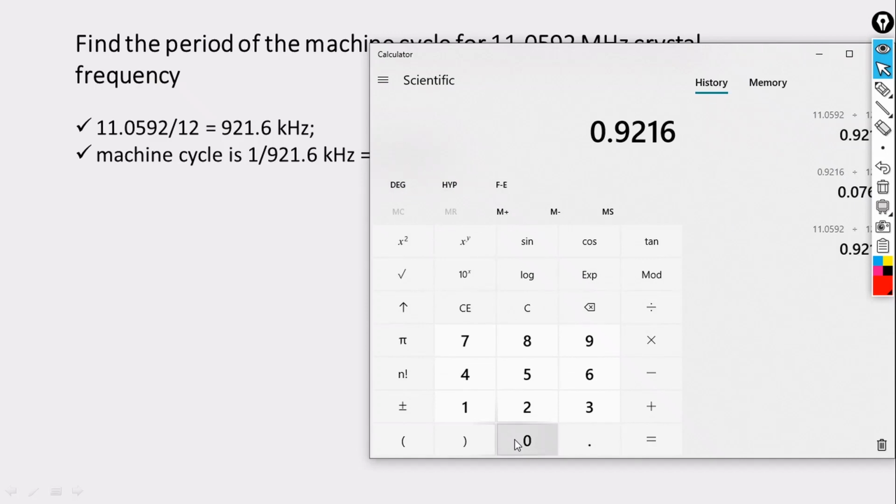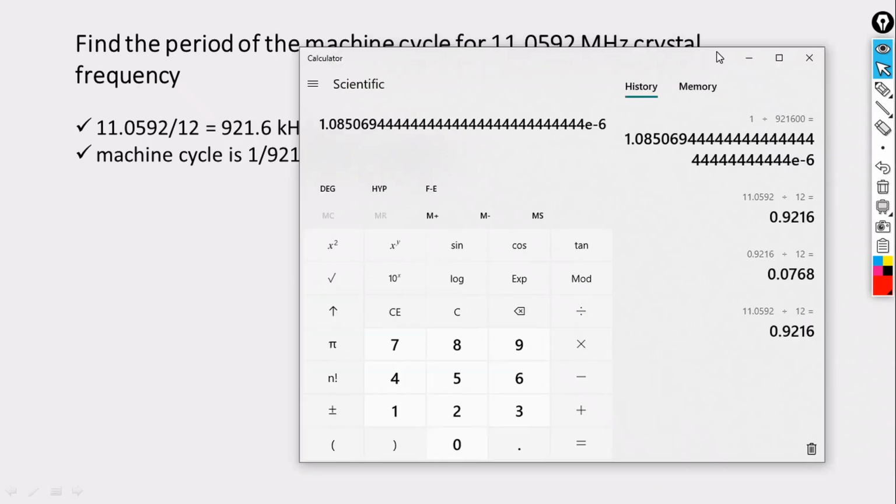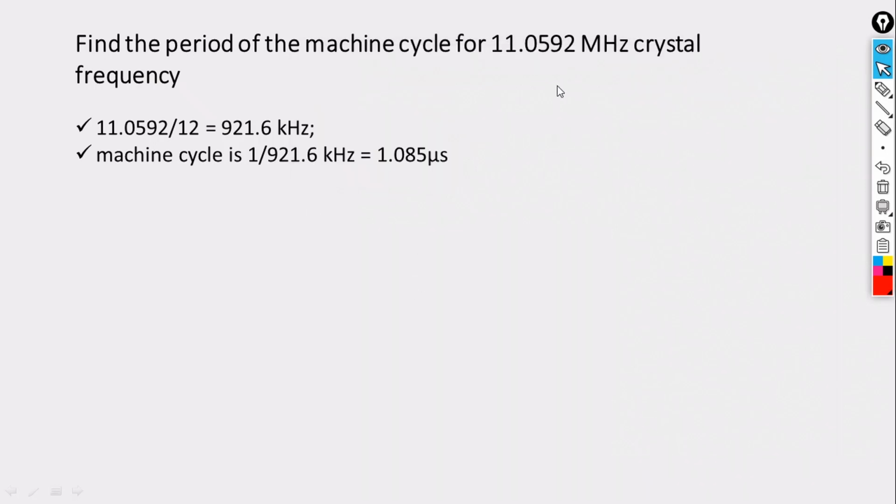Now if I take 1 divided by 921.6 kilohertz, then I'll get 1.085 microseconds.